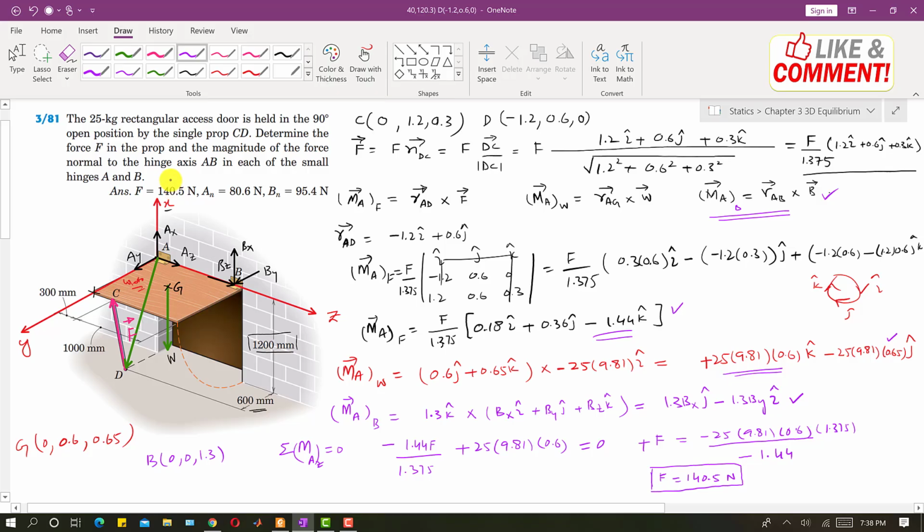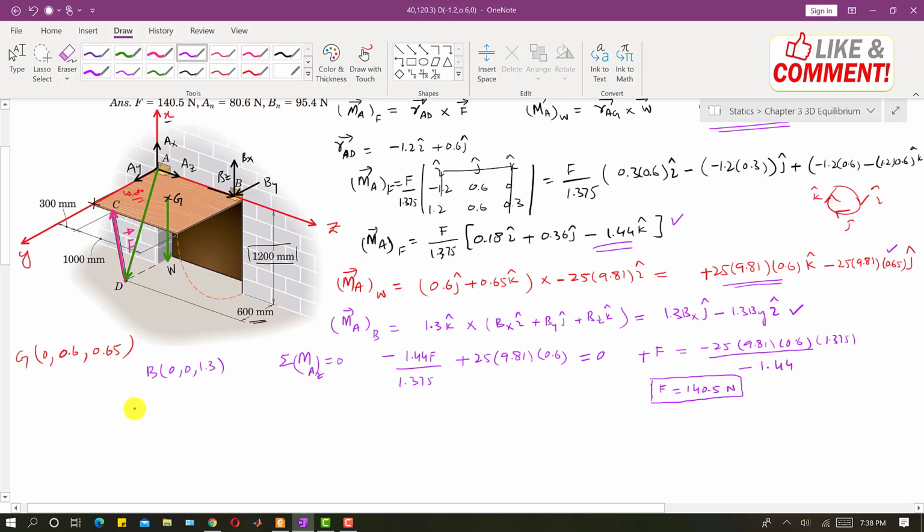As we can see here, this is 140.5 newtons. Now we will apply the summation of moment at A along x equals 0. As we can see, this force is also producing the moment along x. The magnitude of that moment is F divided by 1.375 into this 0.18.